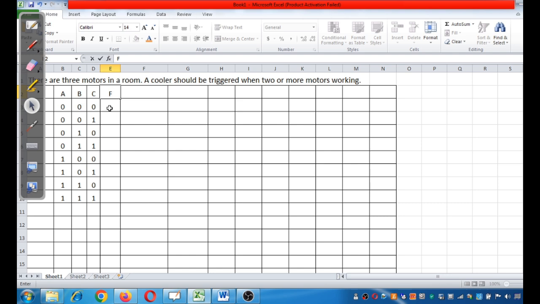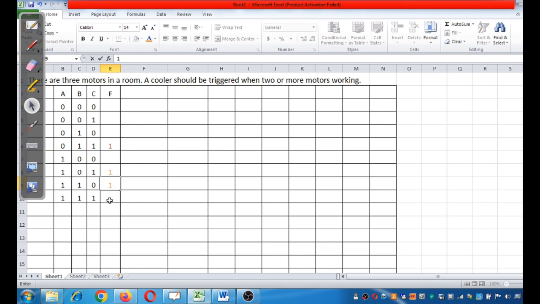This is the output line, and this F will be high when two or more motors are working. So in this combination 0, 1, 1, B and C are working. So your output line should be high, and here two motors are working. Output line should be high.